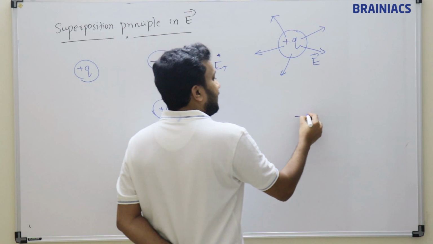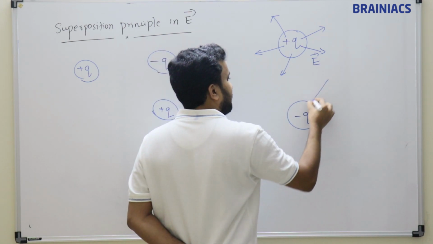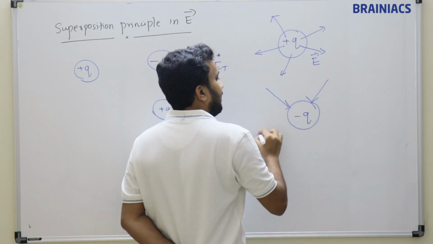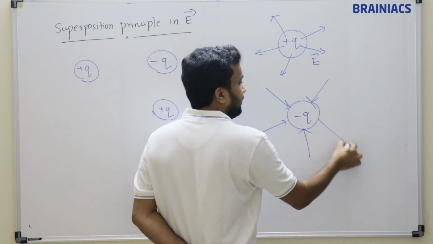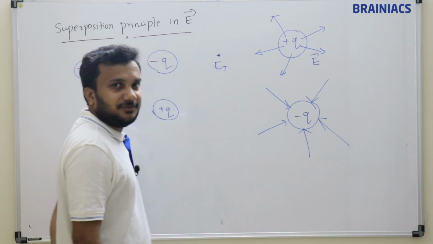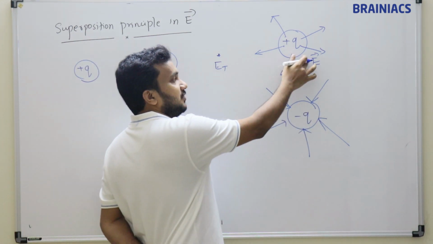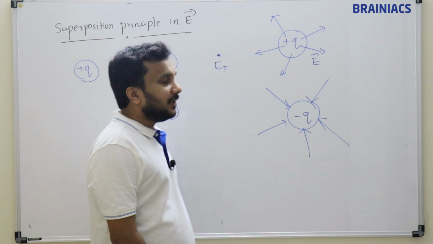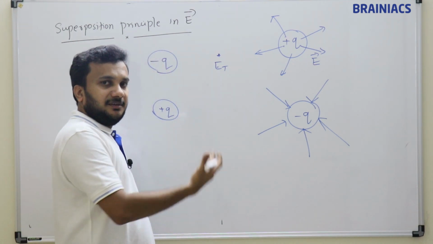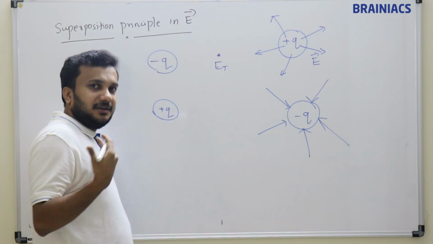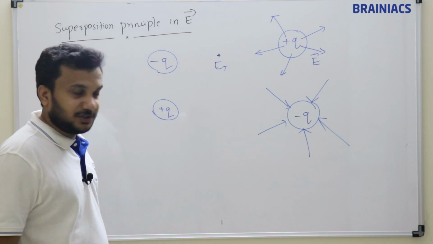If you take a negative charge instead, then the electric field lines are inward, into the charge. So if it is negative it is inward, and if it is positive it is outward. Remember, a set of properties will be coming in subsequent sessions also.